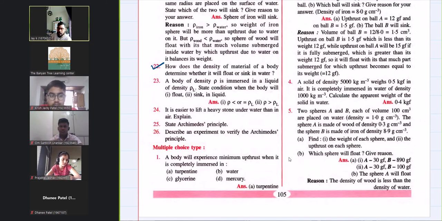Like that, you can explain. Greater density means more mass in a given volume. More mass means more weight, and as the weight increases in a given volume of a body, its tendency to sink will also increase. So, with greater density, the tendency of sinking of a body will always increase.